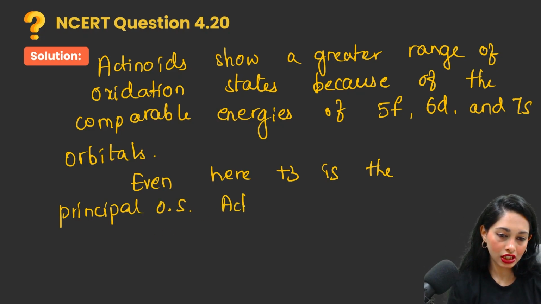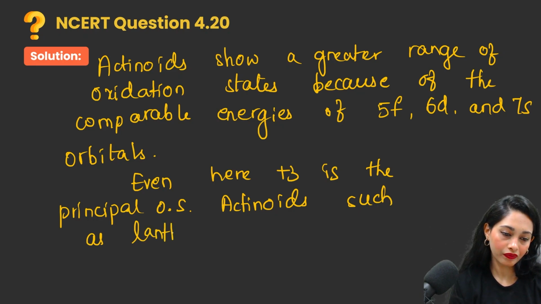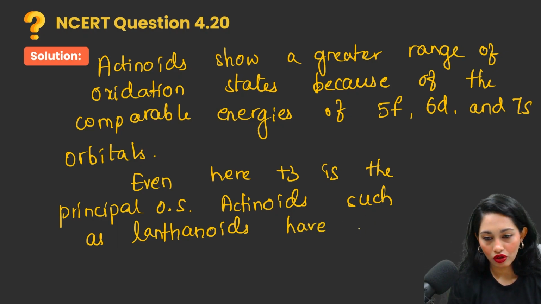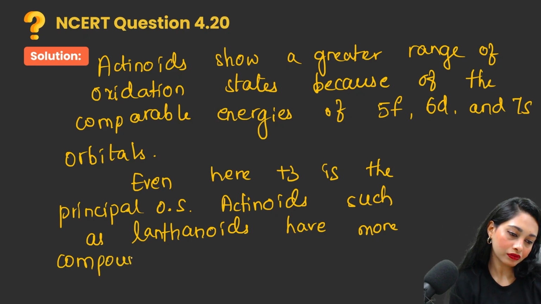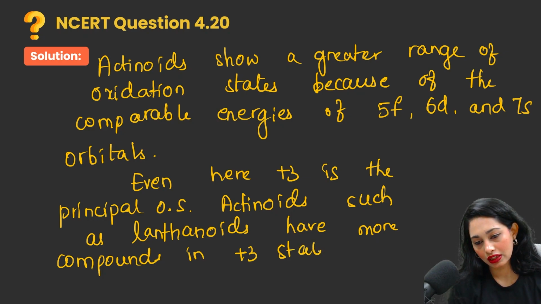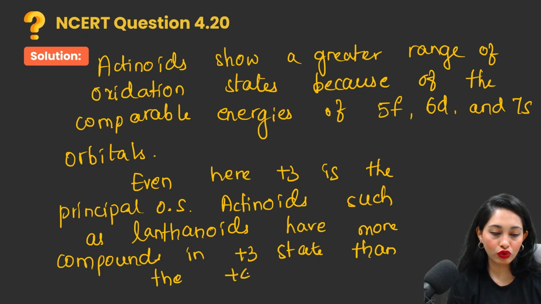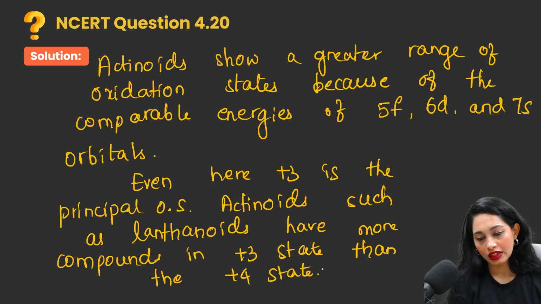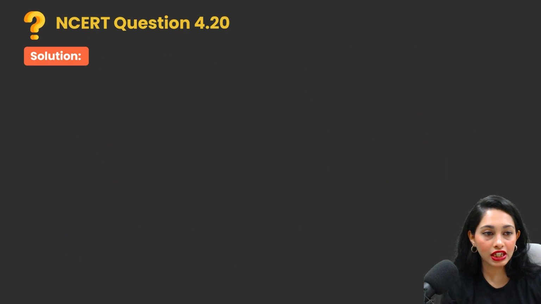So actinoids, such as lanthanoids, have more compounds in +3 state than the +4 state. This is about the comparison of lanthanoids and actinoids with respect to their oxidation states.